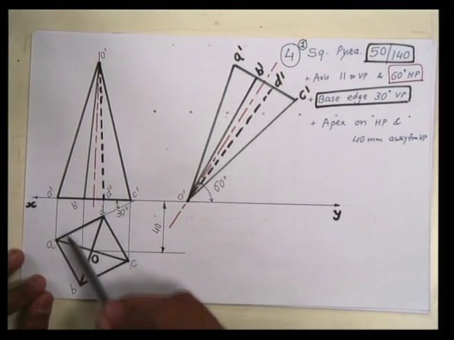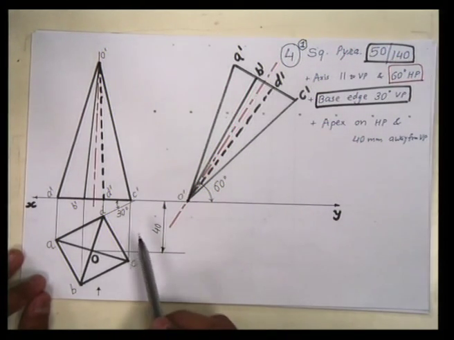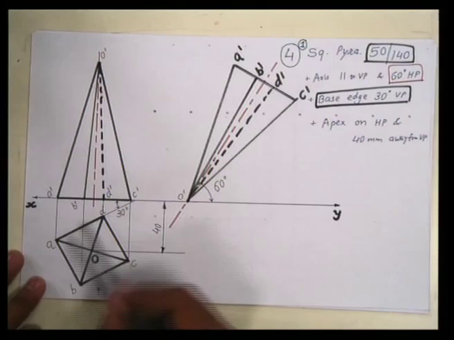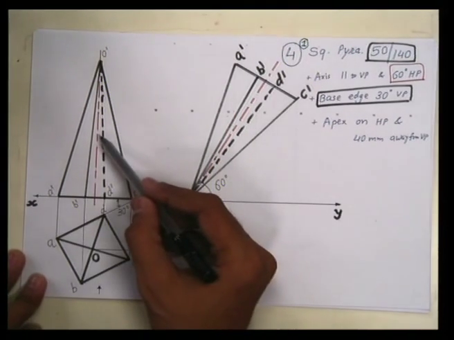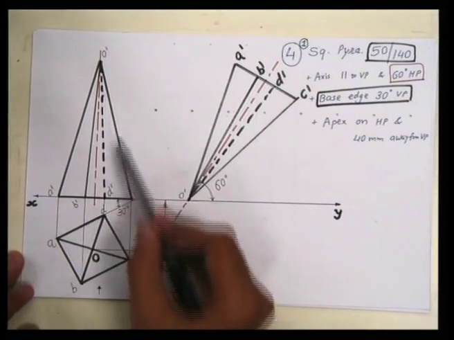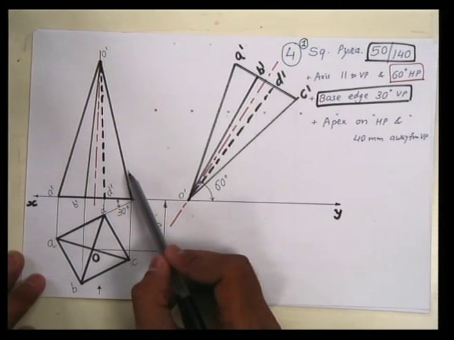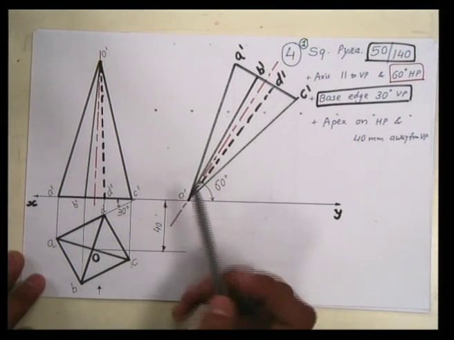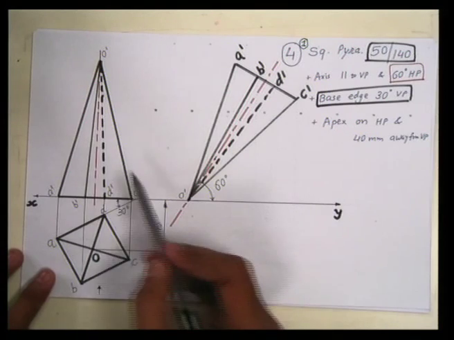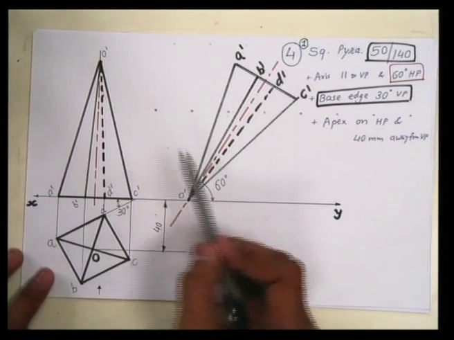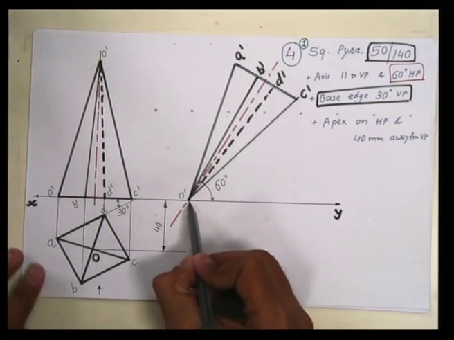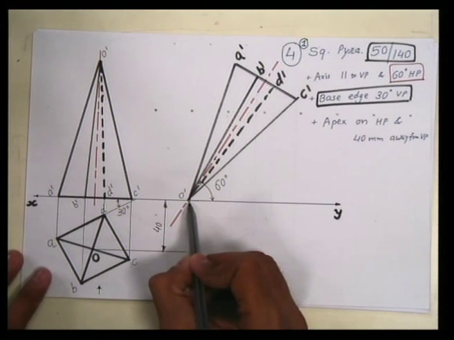The side length of this square is given, that is 50 mm. After this top view, we have drawn this front view, and then it is given that this square pyramid is resting on HP and its apex point is on HP. So we have to redraw this figure in such a way that the apex point remains on the XY line. So O dash is on the XY line.